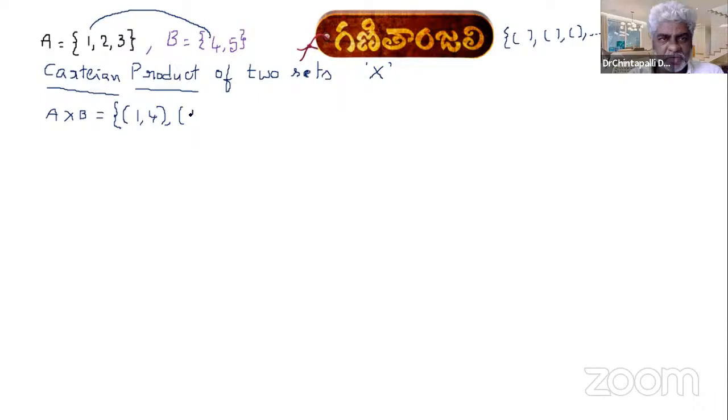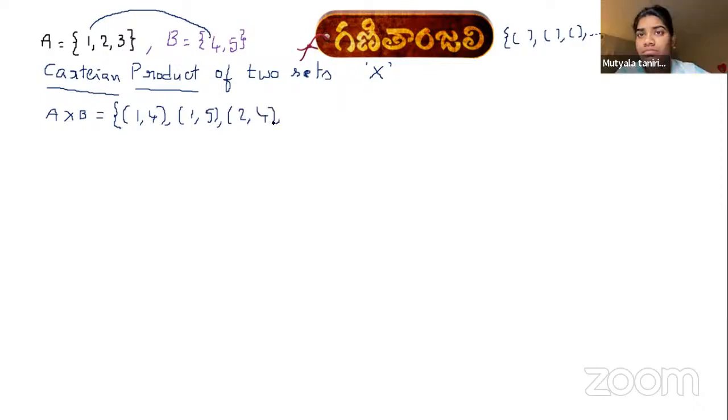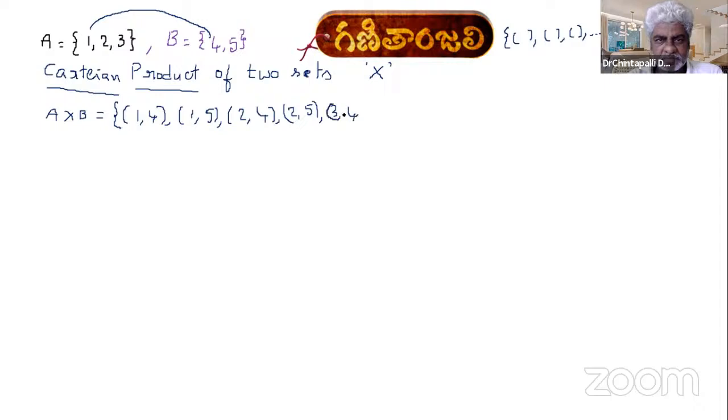The second pair is 1, 5. The next pair is 2, 4, then 2, 5, then 3, 4, and 3, 5.